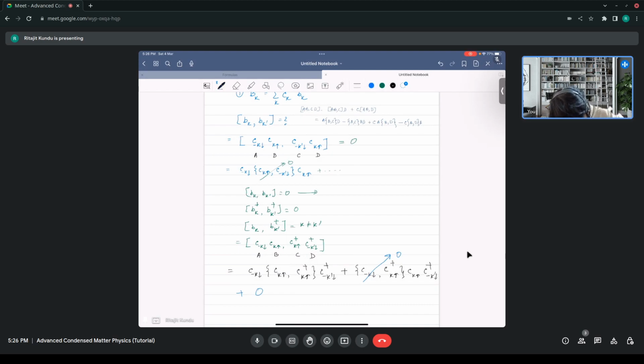And the last term is, C is c k up dagger, and there is an anti-commutation between A and D, which is c minus k down and c minus k prime down dagger, and I'll be left with c k up, right?